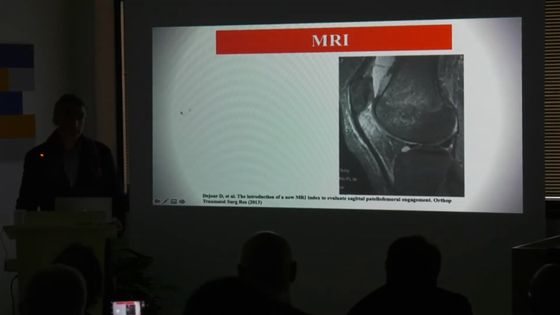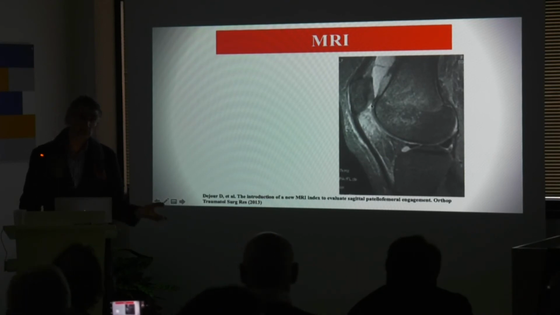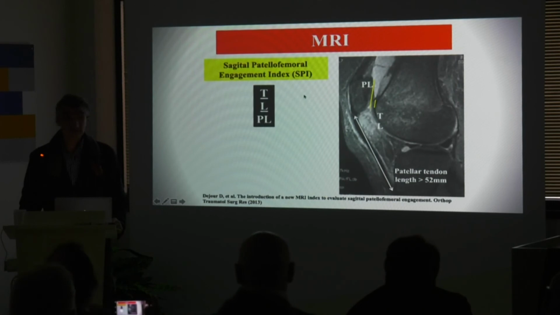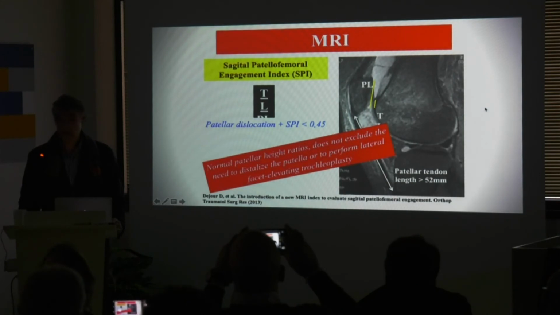Look at the MRI and look at that. She has no sagittal engagement. So if you look only at x-rays, if you look at the CT scan, you say, well, what can I do? If you look at the MRI, you will see that definitely something is abnormal, and that explains why she has a patellar dislocation.